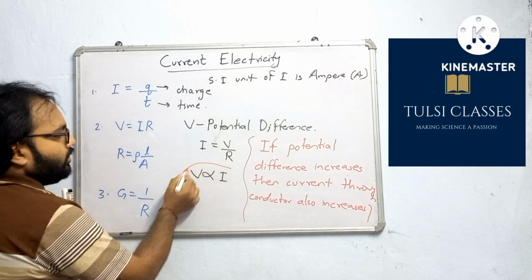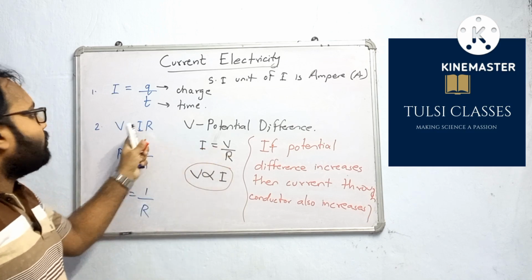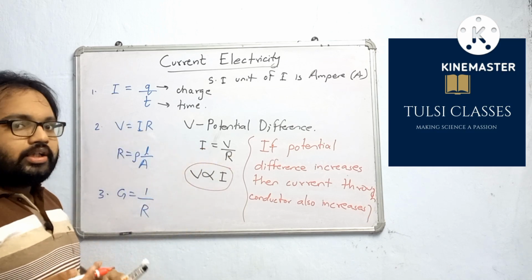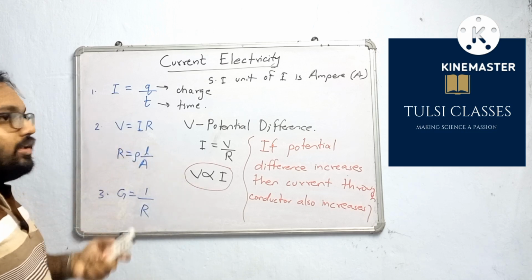That's why I have written V is directly proportional to I. And from here you get I is equal to V by R, V is equal to IR. Anything you can say. I is current, V is potential difference, R is resistance.